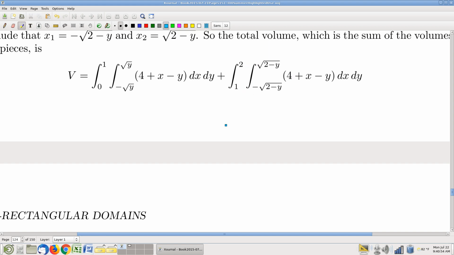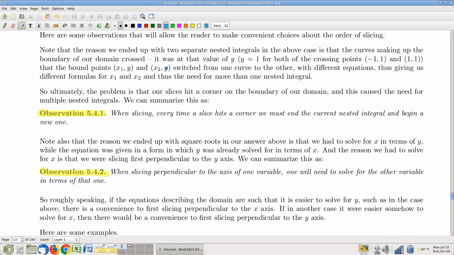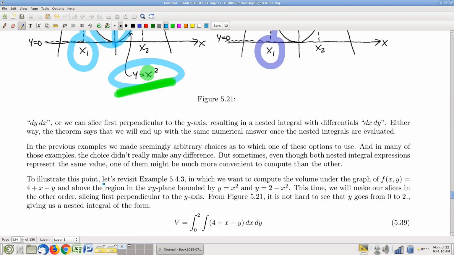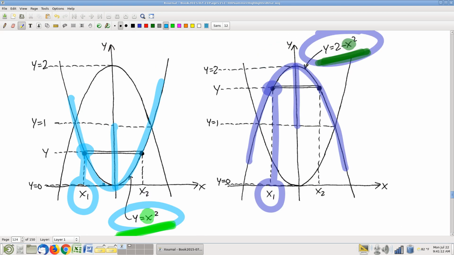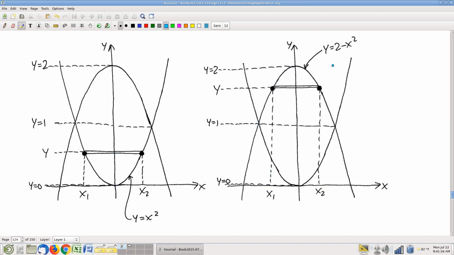Now let's think through how we can avoid this little catastrophe right here. There are different ways to think about this. I have a couple of observations that I've made about this, and I'm just going to walk you through them. But in the context of this example, why did we get, I ask again rhetorically, two separate integrals here?